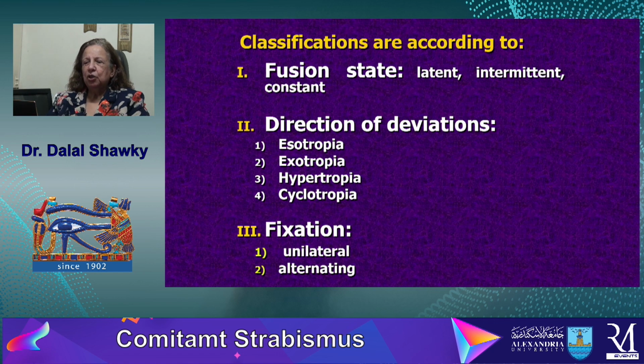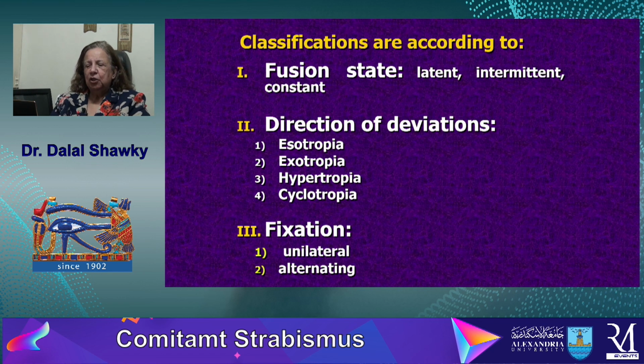According to the direction of deviation, and this is the classification that we can see in most of the books. According to direction of deviation, it might be esotropia, that is deviation in, exotropia, deviation out, hypertropia, deviation up, cyclotropia, that is rotation, intorsion of one eye or extorsion.